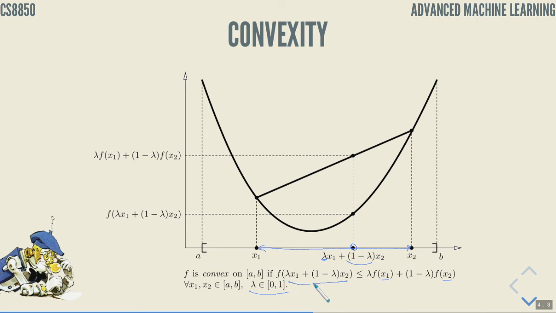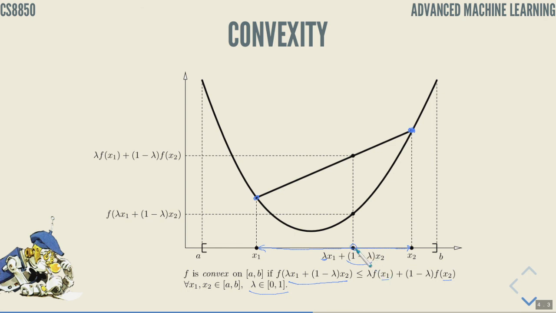So a function defined at any point between x1 and x2 is less than or equal to a linear function, a line that connects the point f of x1 and f of x2. So this is your f of x1 and this is f of x2.